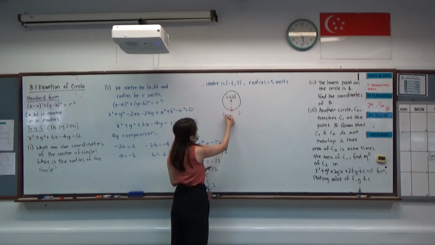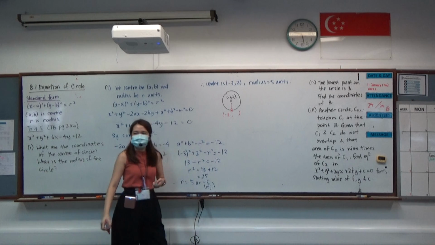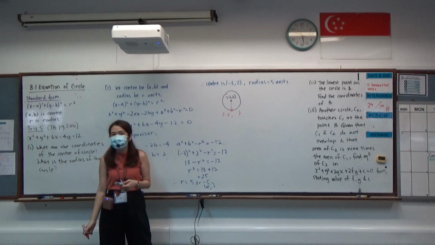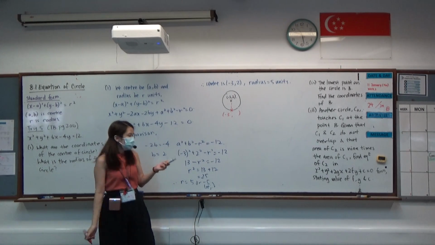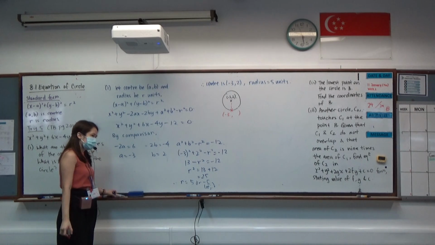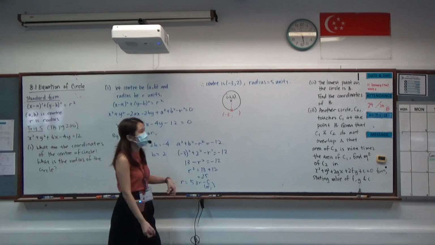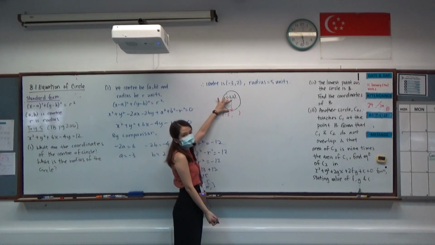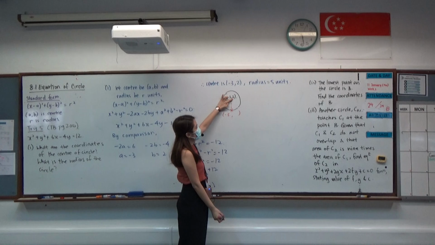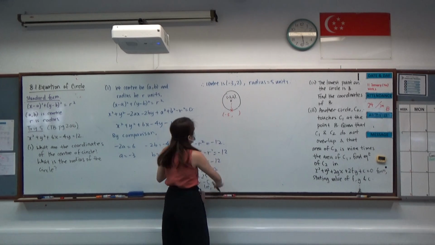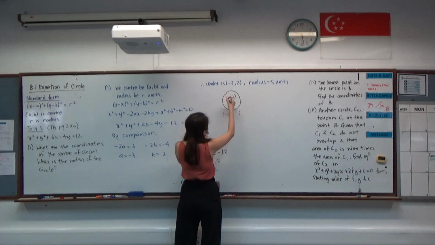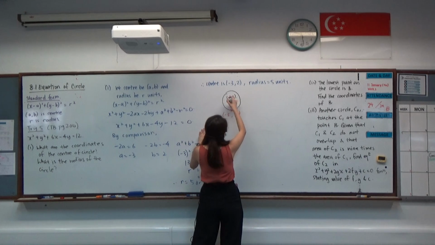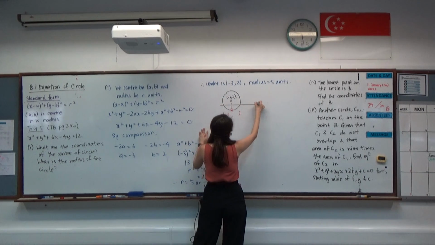Same x coordinate, so it will be -3. What about the y coordinate then? 2 minus 5? Why do you do 2 minus 5? Because the radius is 5. So we understand that the radius is 5, meaning it's 5 units over here. Since the y coordinate is 2, if you need the coordinate system in place, it will look something like this.